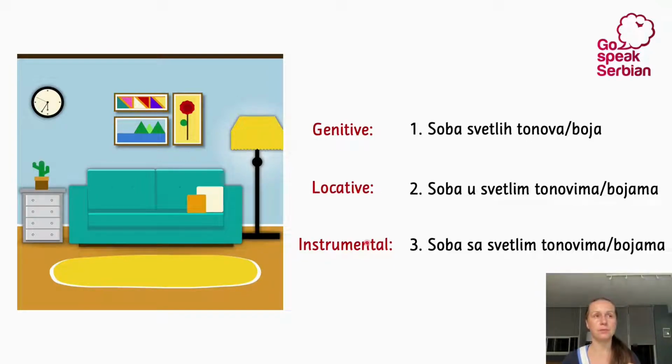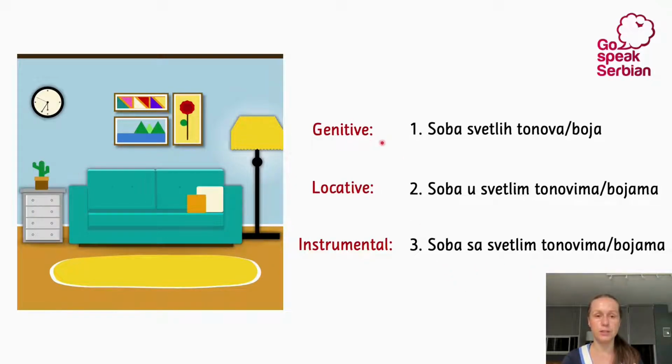Remember that example that we had with a girl in a pink t-shirt? So we can say devojka u roze majici. That would be locative. A girl in a pink t-shirt. Devojka sa roze majicom. A girl with a pink t-shirt. Instrumental. And when we are describing the appearance of the girl, for example, let's say she's blonde, we can say devojka plave kose, a blonde girl, or devojka sa plavom kosom, a girl with blonde hair.